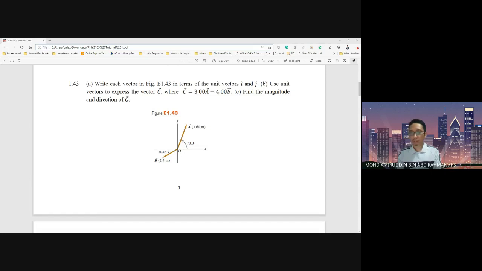All right, and then for C, find the magnitude and direction of C. You already obtained C in terms of i and j.